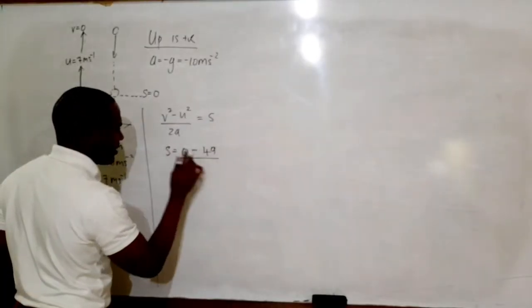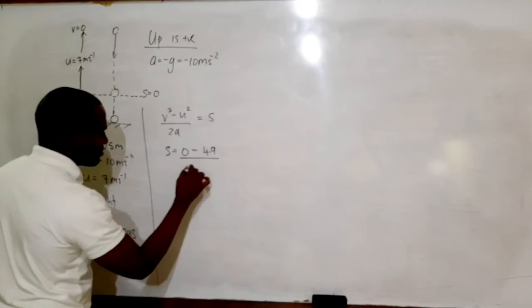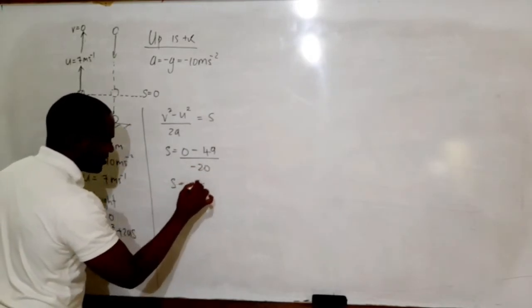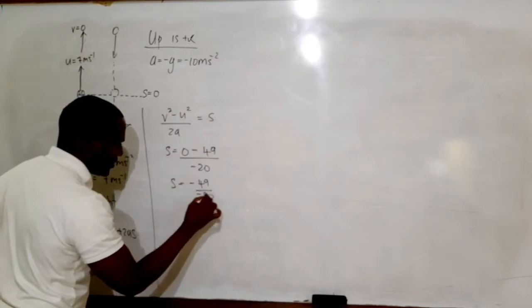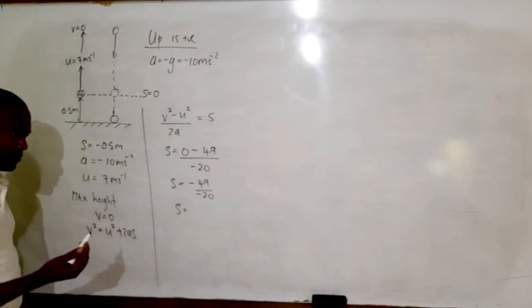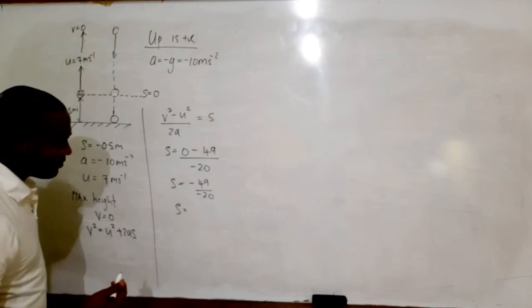Good? So proceeding, we therefore get that S is equal to 0 minus 49 divided by 2 times minus 10, which is minus 20, and so S is equal to minus 49 divided by minus 20, and so S is approximately 2.5.